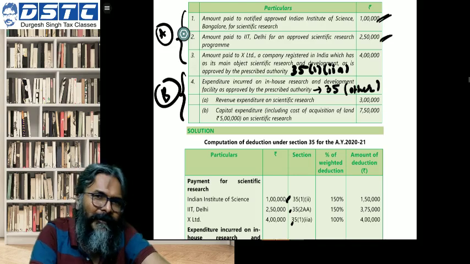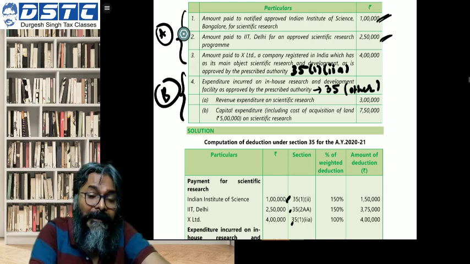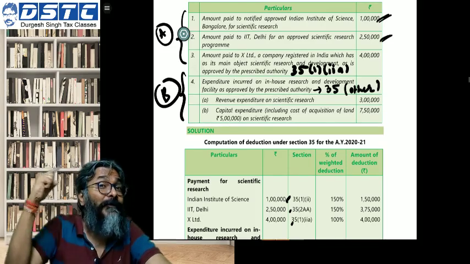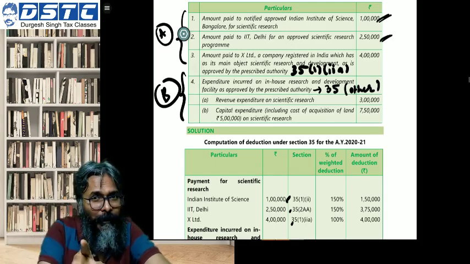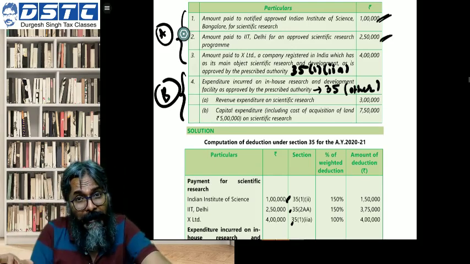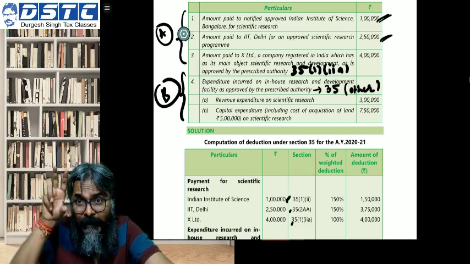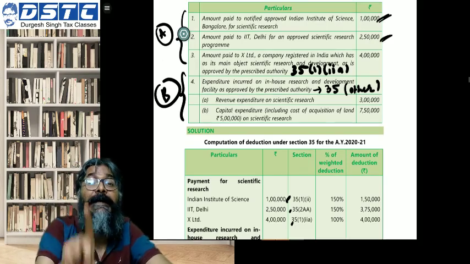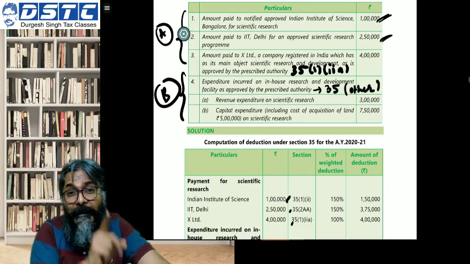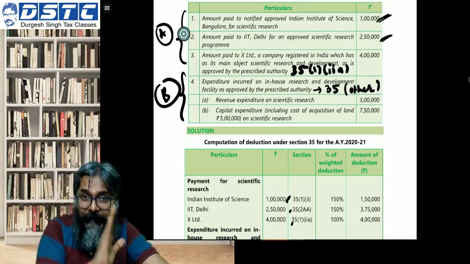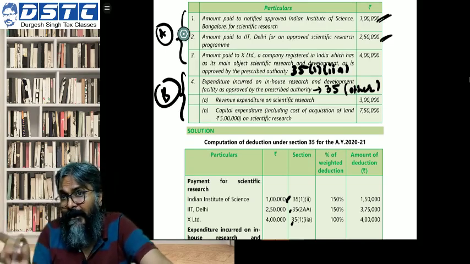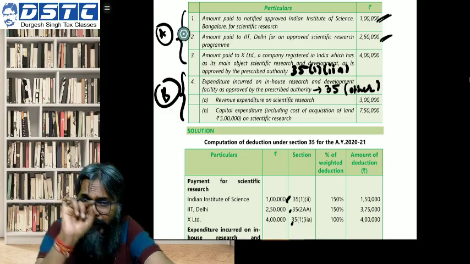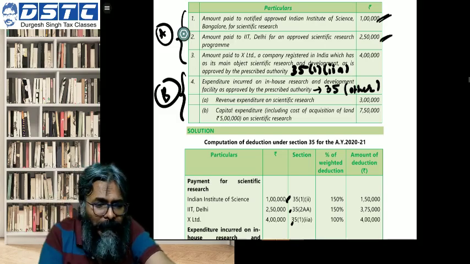Because see, all the scientific research is approved. But if it is approved under 35(2)(ab), that is what I have written to you. So they should make a mention categorically, approved under 35(2)(ab). Then that 150% you will get. Otherwise, if it is only written in the question approved, what will be the situation?